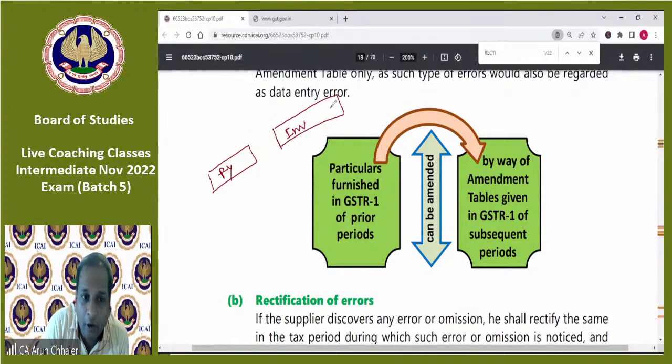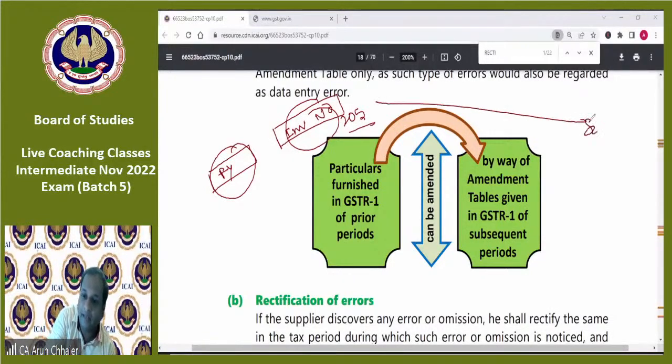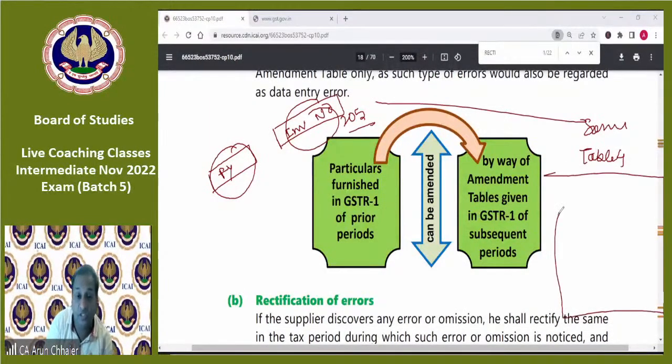Once I enter, say, invoice number 205, the system will search the data. If that invoice number in that financial year is matched, they will open the same table. If it is a B2B transaction, they will open the entire table 4, which we used the first time to add the new information.